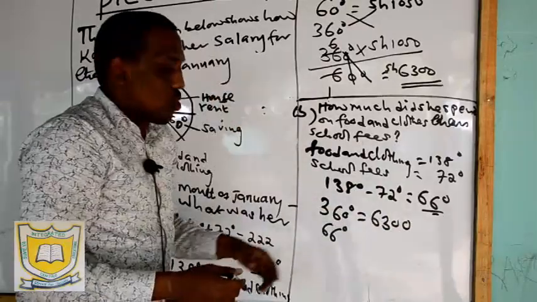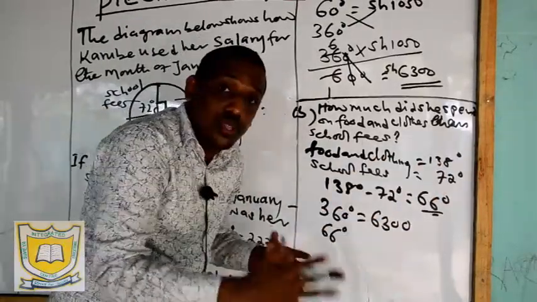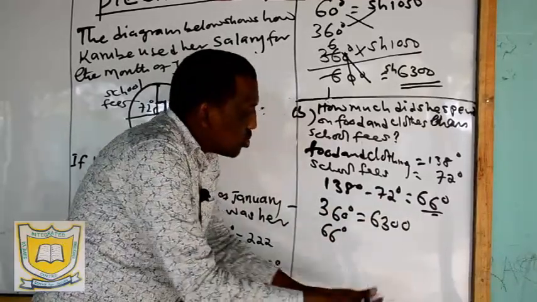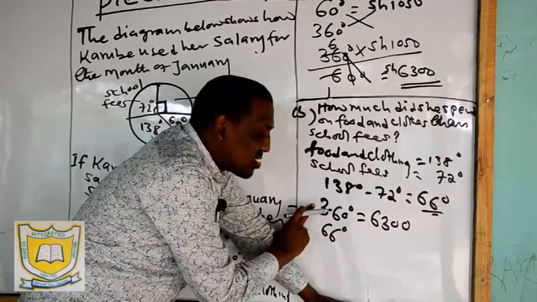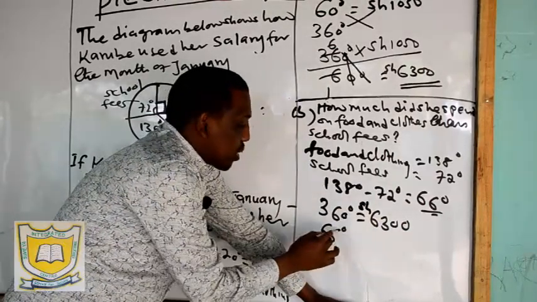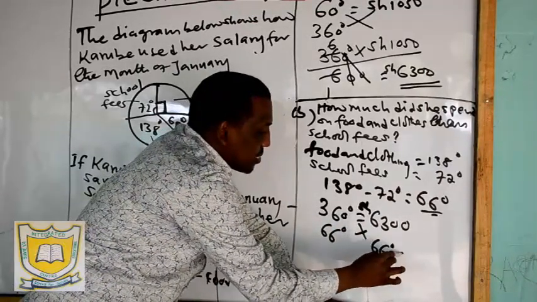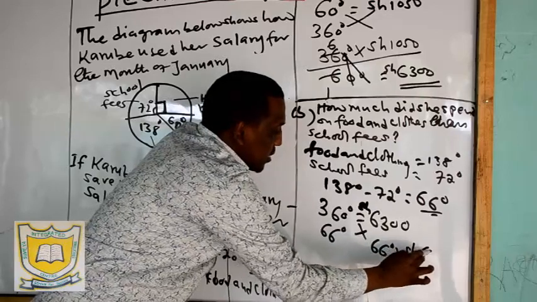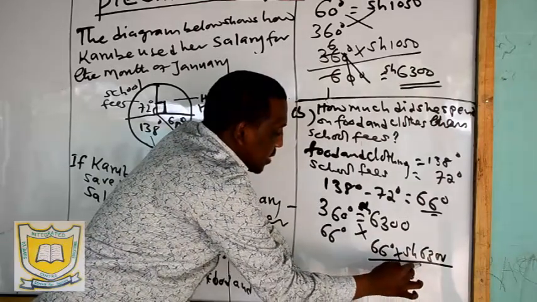You subtract. Or an easy way to save time: whenever you are told how much more than this one, you subtract the two degrees. After subtracting the two degrees, you will get 66 degrees. So we use the total now. 360 degrees total is equal to the total salary, shillings 6,300. What about 66 degrees? Cross multiply. So 66 degrees multiplied by shillings 6,300 over 360 degrees.